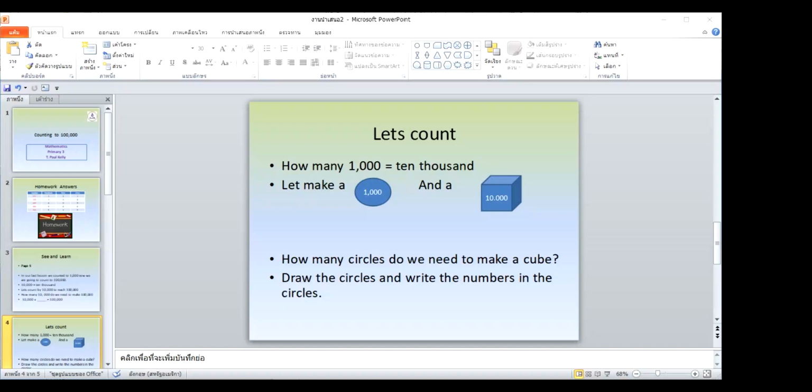So how do we write 10,000? How do you think you write 10,000?